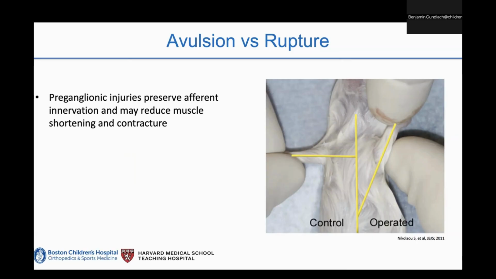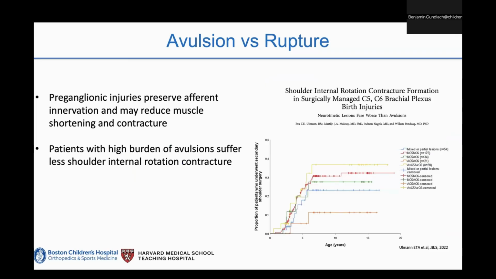basic science model, but then this idea was also investigated in a clinical model, which was published in a very nice study by Dr. Pandug and Malaysi, in which they reviewed their cohort of patients, and even in the C5 and C6 injury model, looking at nerve root ruptures and avulsions, or preganglionic and postganglionic injuries, and then looking at which patients developed worsening internal rotation contracture further in adolescence.